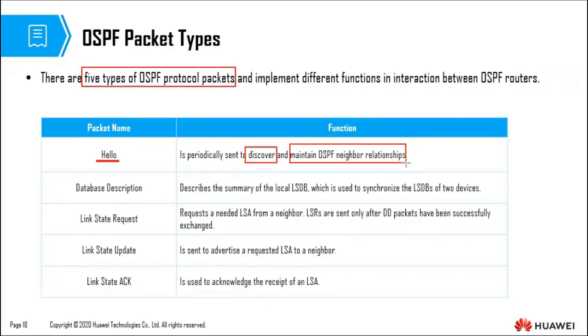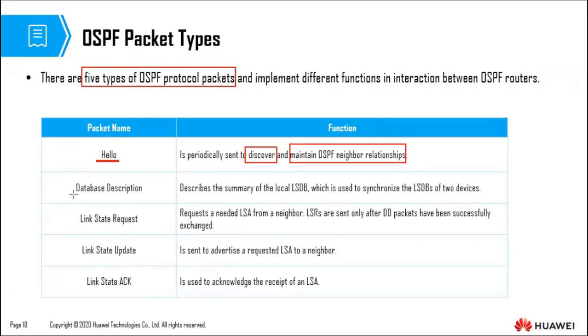When you're saying hello, you say, hello, I'm Kelvin. When I'm talking about Kelvin, I'm talking about the router ID. So you say, hello, I'm 1.1.1.1. The other guy whose interface has been enabled with OSPF is also going to reply, hello, I'm 2.2.2.2. Okay, so that is the hello packet.